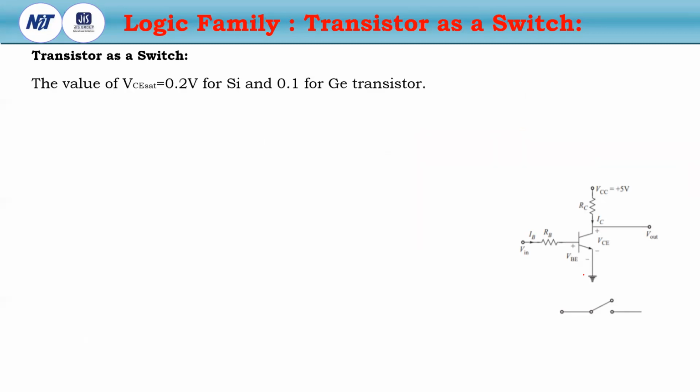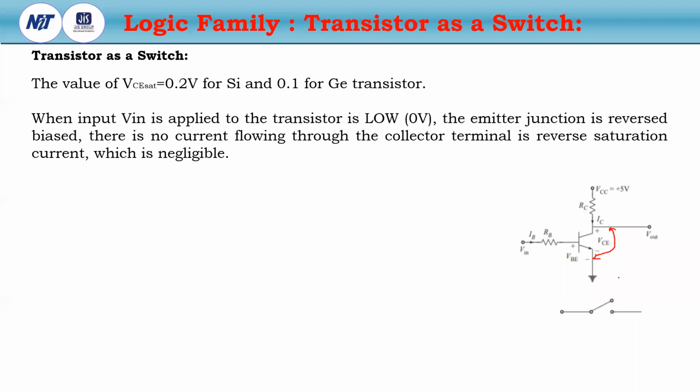So the value of VCE sat, collector to emitter voltage in saturation, is 0.2 volt for silicon and 0.1 volt for germanium transistor. You should remember these to calculate the different types of operations of the logic families.